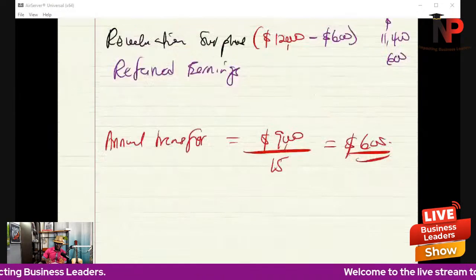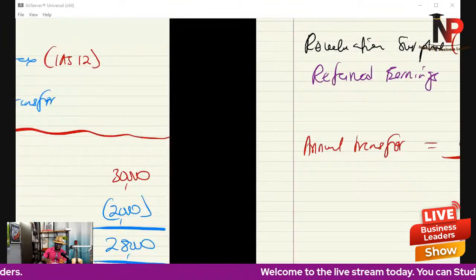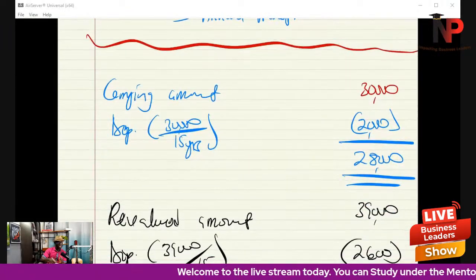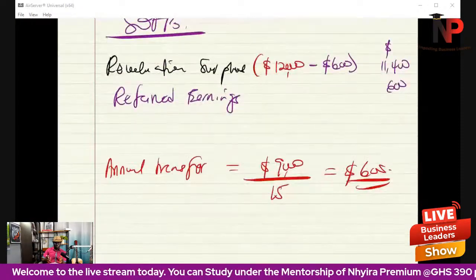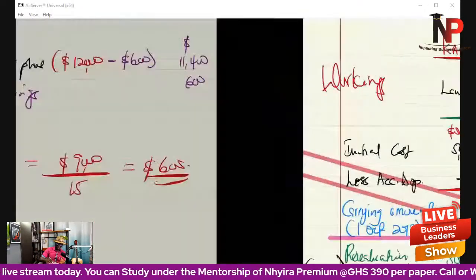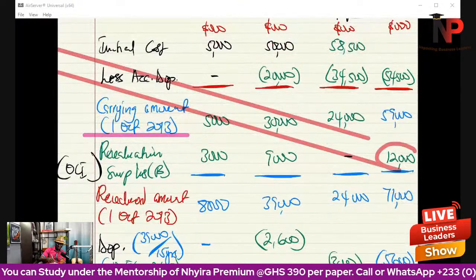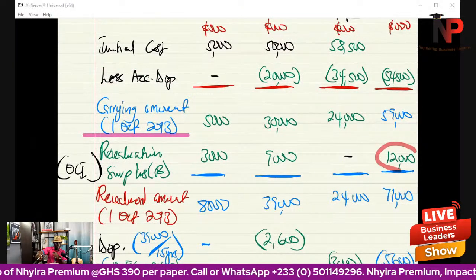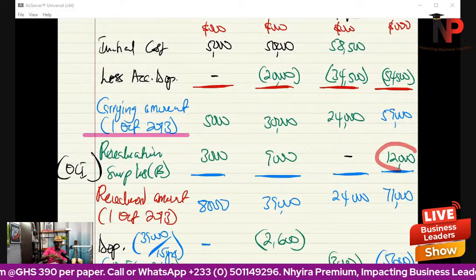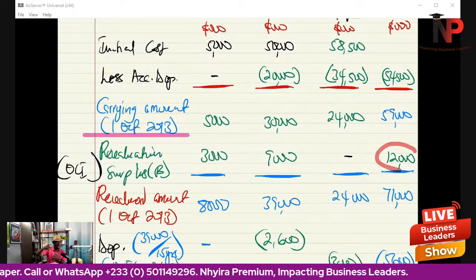And I'm saying that there's an alternative way. Rather than calculating the depreciation we would have charged on the carrying amount, you just take the building, because it is the building. The transfer is done in respect of depreciable assets.